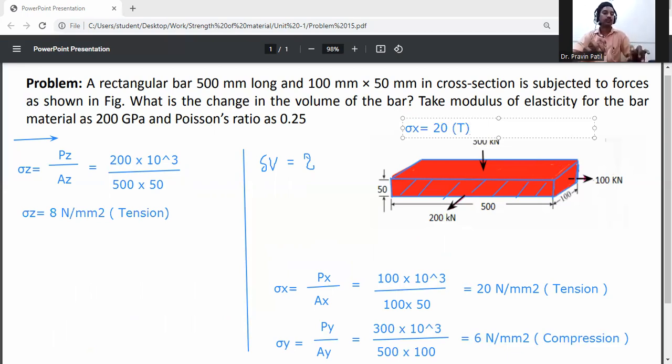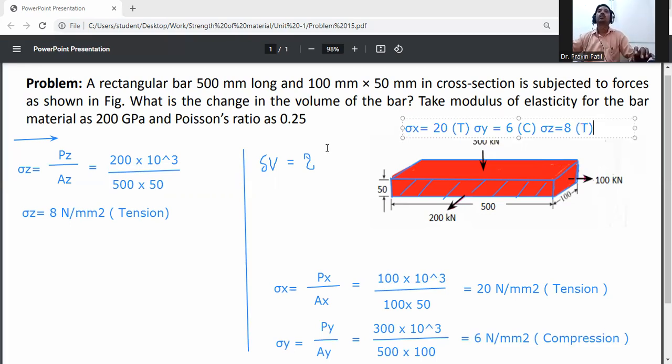Then sigma y is equal to 6 Newton per mm square, so this one is in compression. And then sigma z is equal to 8 Newton per mm square, so it will be in tension.